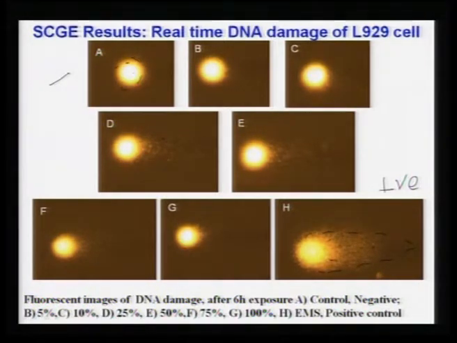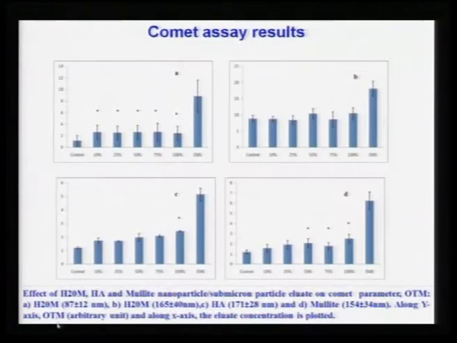In between these two extremes, you see that the moment you are adding 10%, 25%, 50%, 75%, progressively more and more DNA is being damaged here, and that is what is being shown in this particular plot.